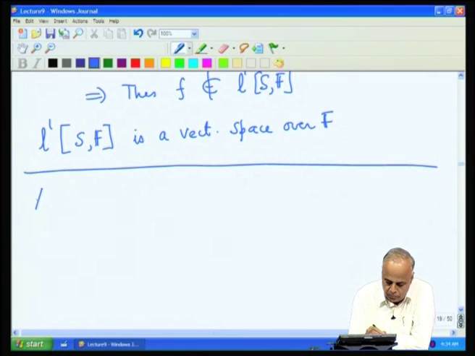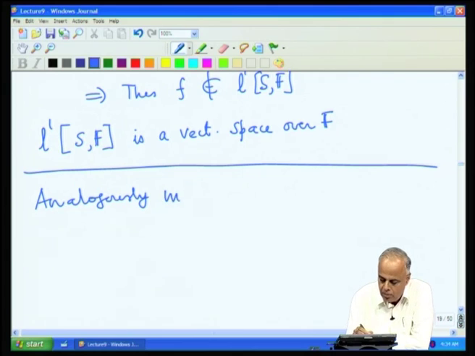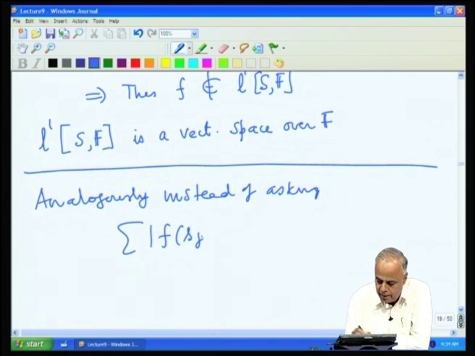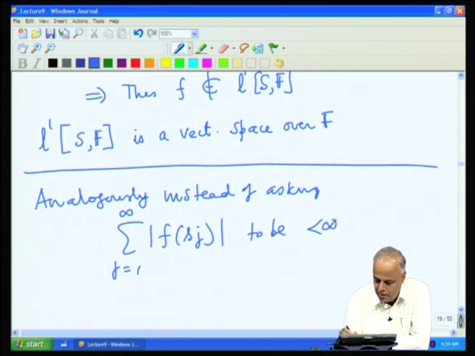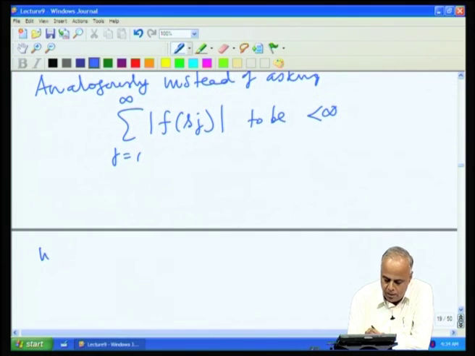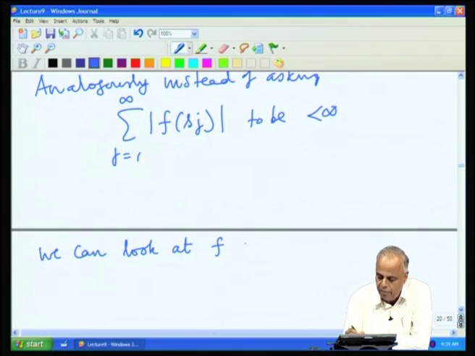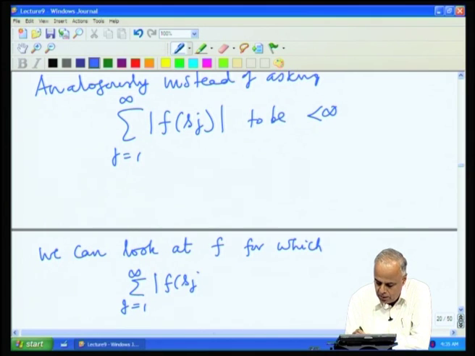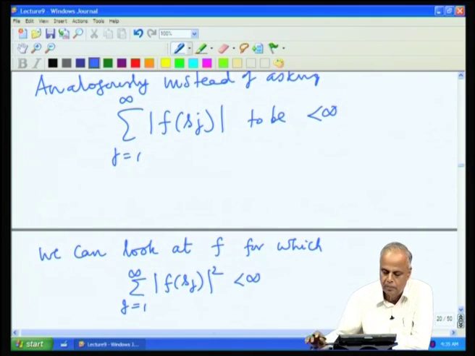Analogously, instead of asking the summation of mod f of s j, j equal to 1 to infinity, to be finite, we can look at f for which the summation j equal to 1 to infinity of mod f of s j squared is finite.